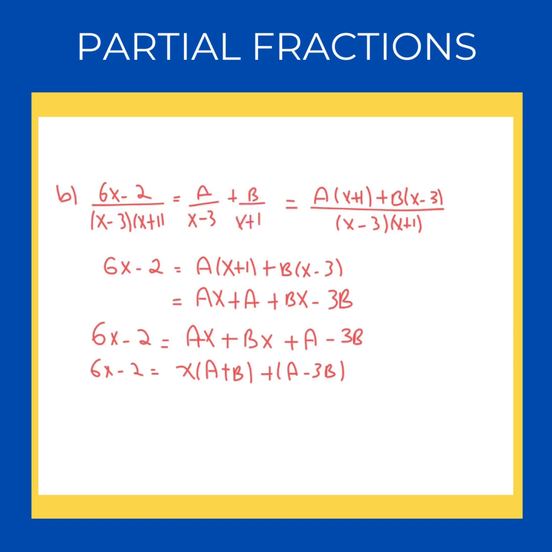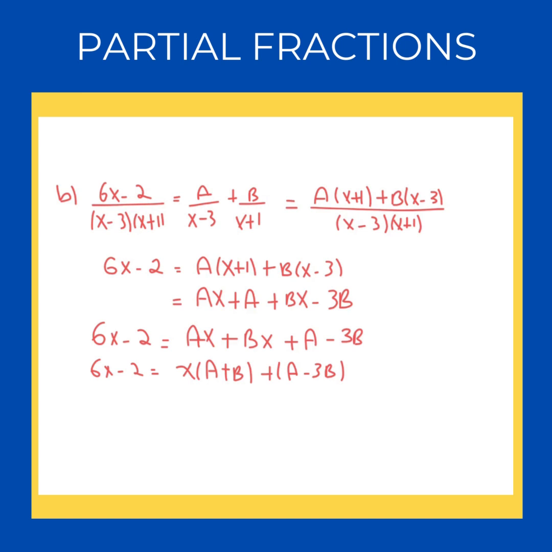Again, I need to have a common denominator, so I will get, as before, a times x plus 1 plus b times x minus 3 over x minus 3 times x plus 1.